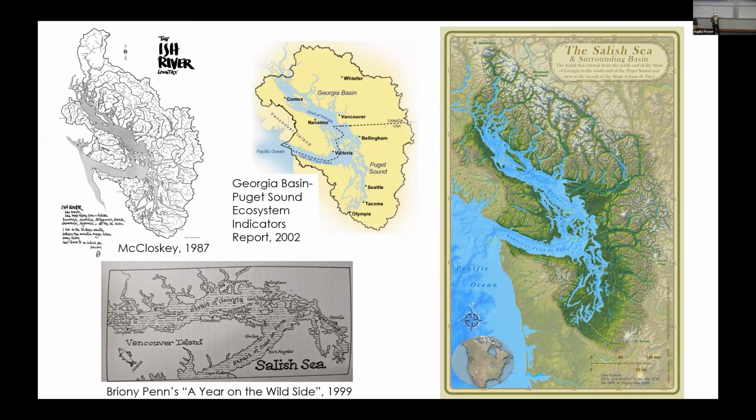It's hard to say that we should care about or protect or work to understand a place if we don't have a name for that place. And I could give you a table of coordinates and describe to you where the Salish Sea is, but that wouldn't really connect with your heart the way a map does. When we see a map like this, it makes sense to us. We understand what we're talking about with that region, and maybe we believe that it's real in a way we never would with just text.